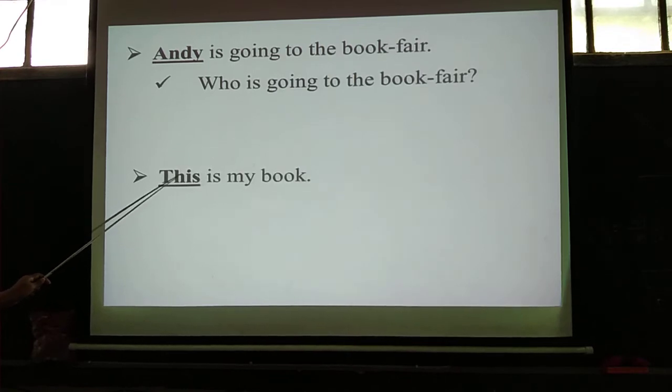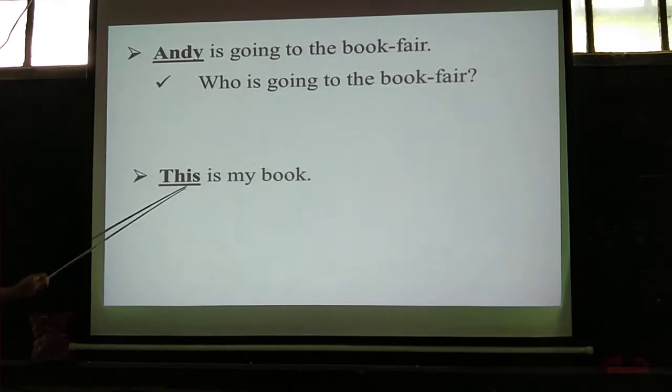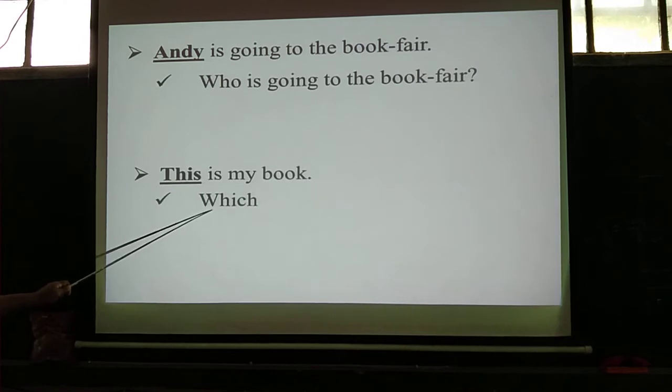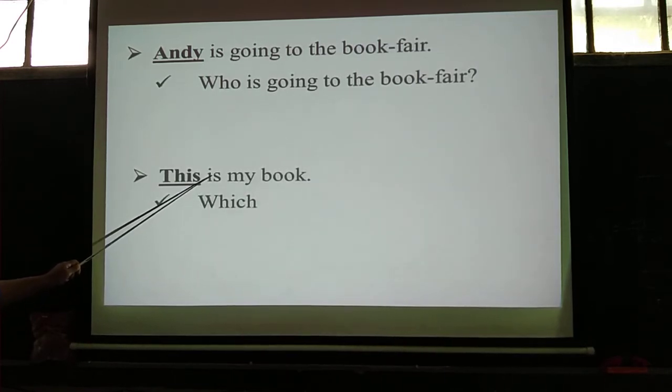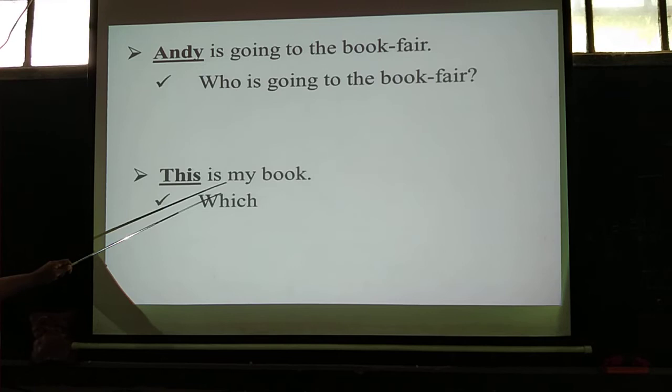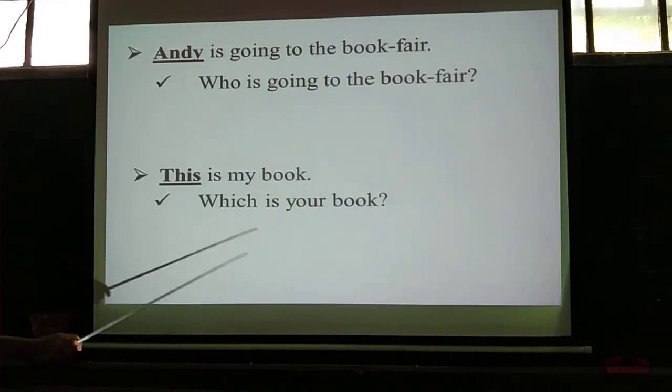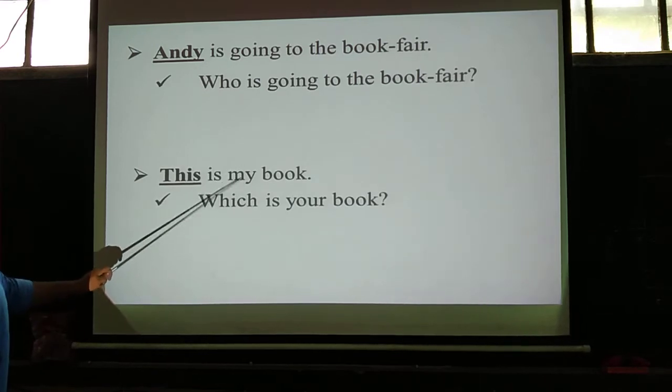Look at this example. This is my book. Here the subject is this and it's a demonstrative pronoun, so we will use here which, and the auxiliary verb is, which is your book. But look carefully, here is a difference between these two sentences.